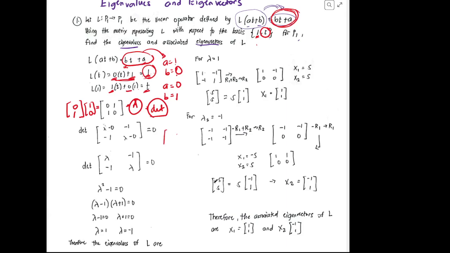Let's say 1, 2, 3, 4. If you subtract lambda, and you cross multiply when you get the determinant, you need to multiply 1 minus lambda and 4 minus lambda.